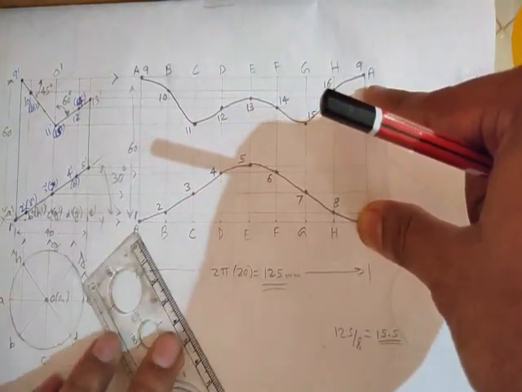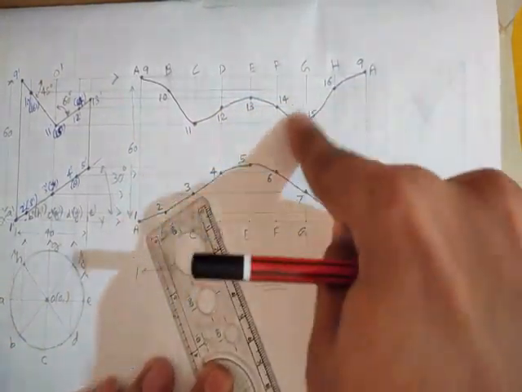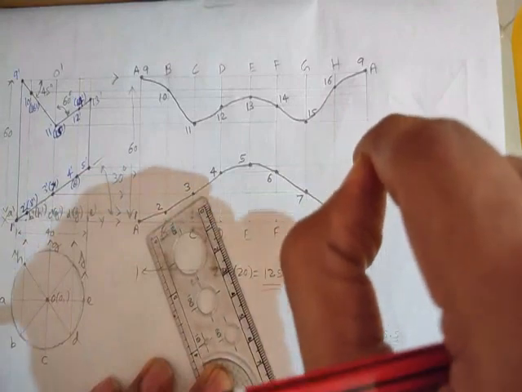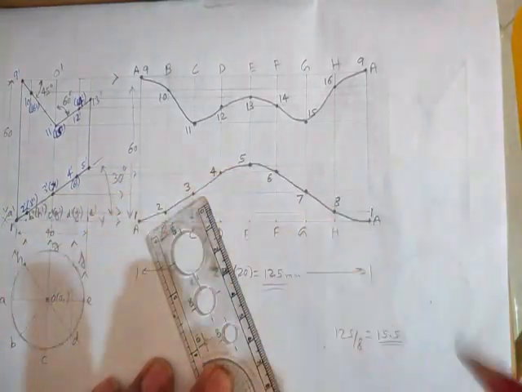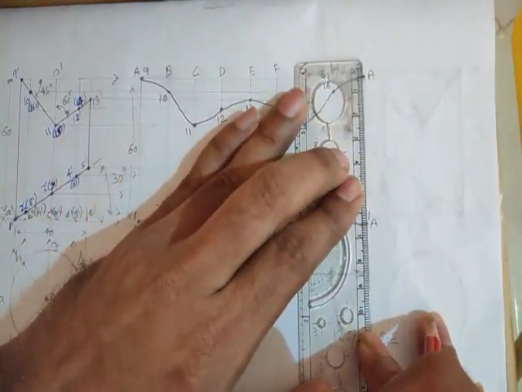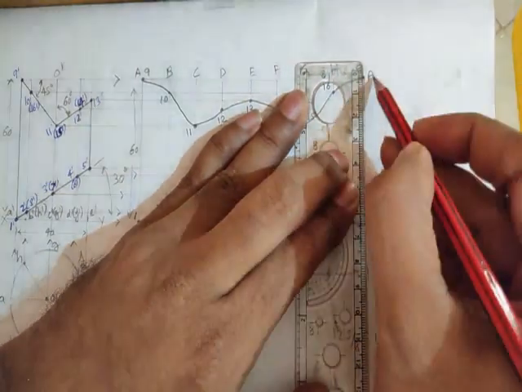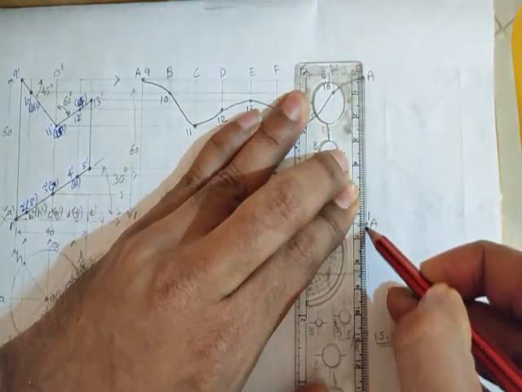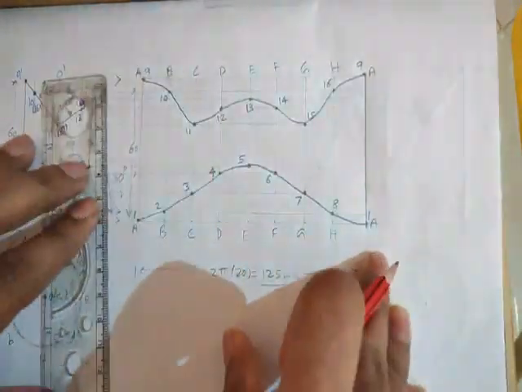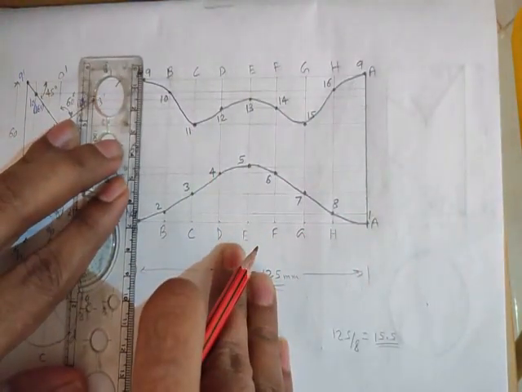So you have to darken this, that too not all the lines which are physically present. It is only these edge lines, the lines at the end, the generator A, and the generator A here.